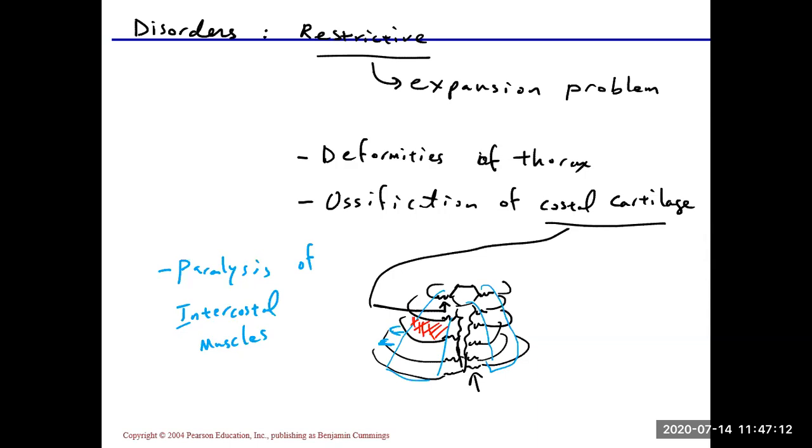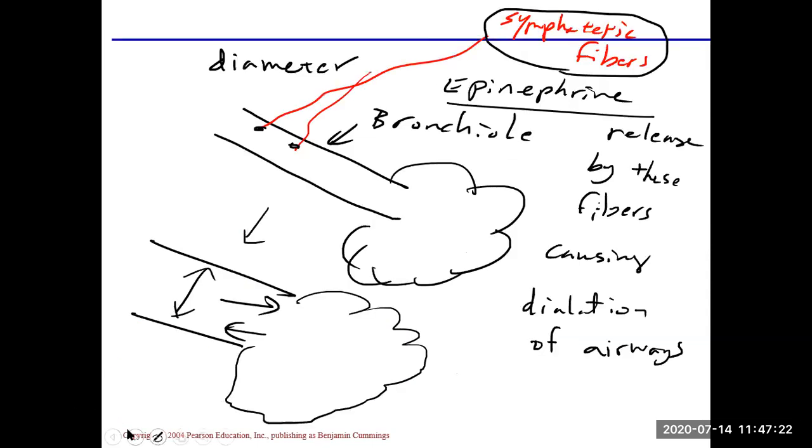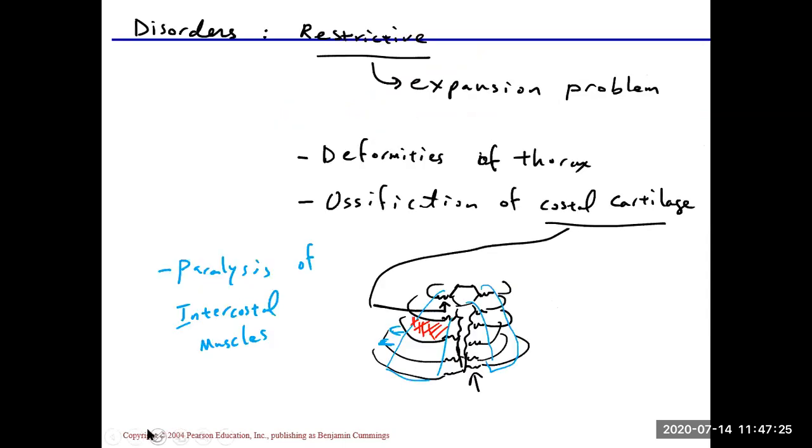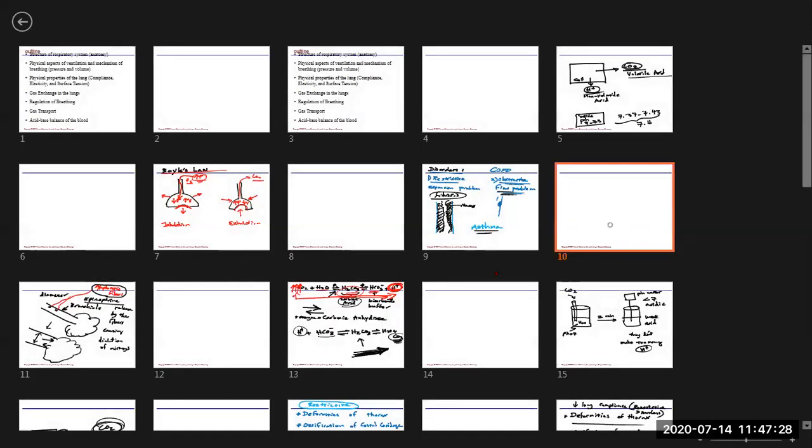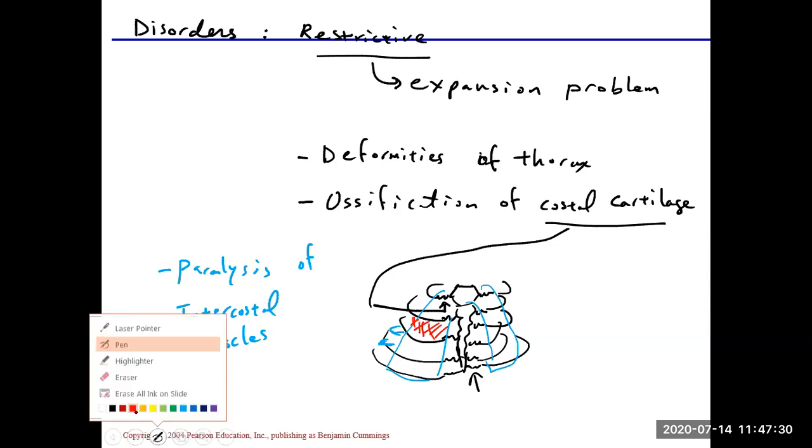So next up, we wanted to talk a little bit about the second type of disorder, which is called obstructive disorder. These are the problems with the flow.